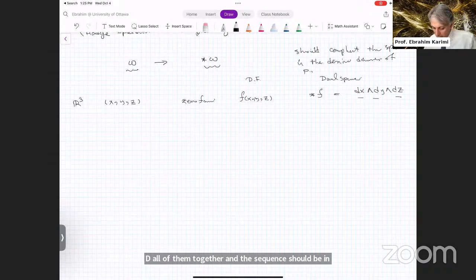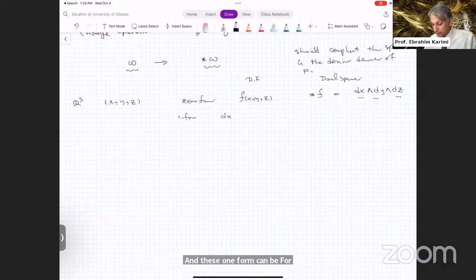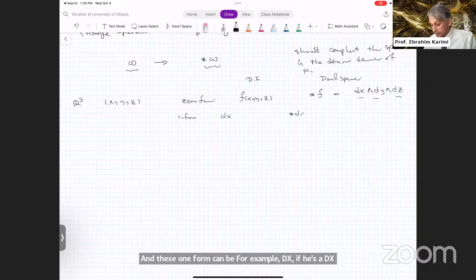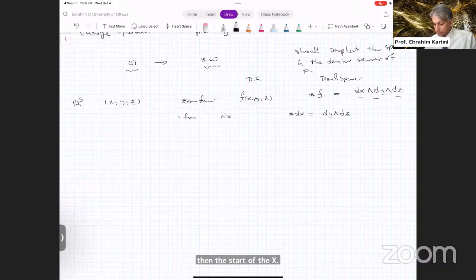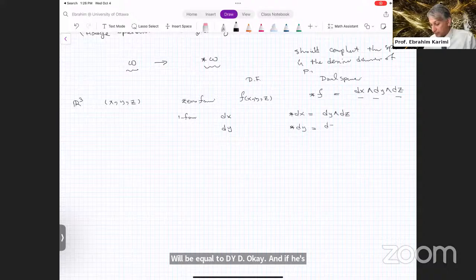Then we consider what is happening when you have a one form, and this one form can be, for example, dx. If it's dx, then the star of dx will be equal to dy dz. If it's dy, then the star of dy will be equal to dz dx.